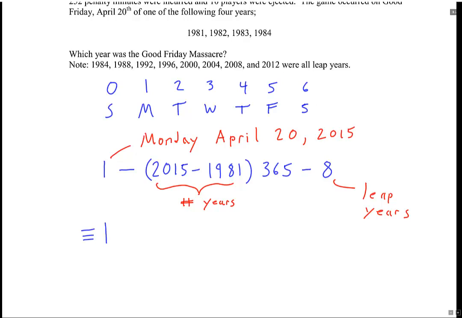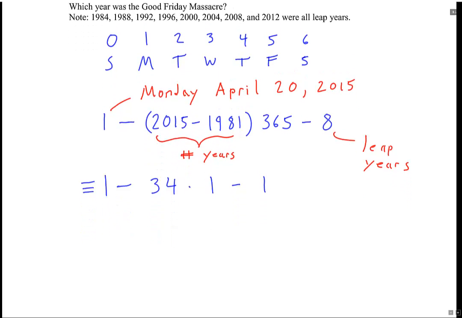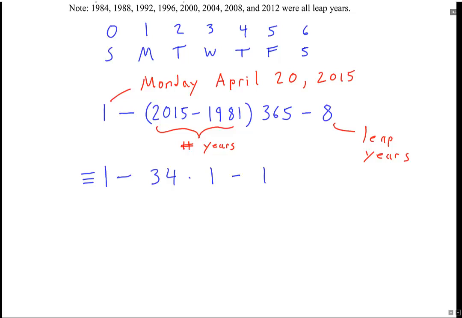Okay, so 1 we'll leave alone as 1, and then subtracting these years we get 15 plus 19, so 34. There's 34 years in that time span, and the 365 reduces to 1 in mod 7, and 8 reduces to 1 as well. So the 1 and the minus 1 end up going away.